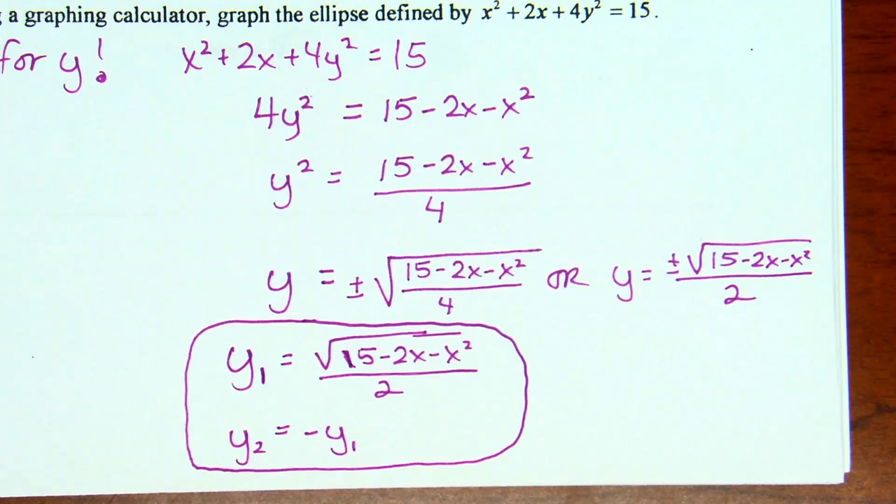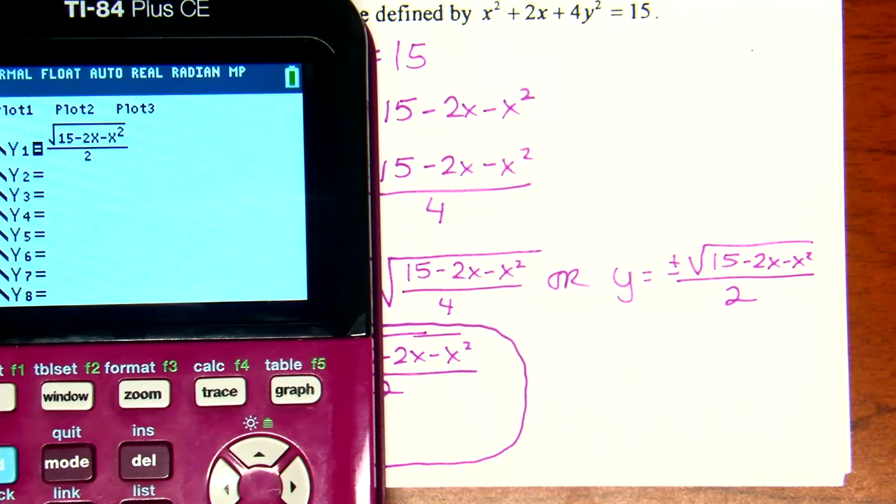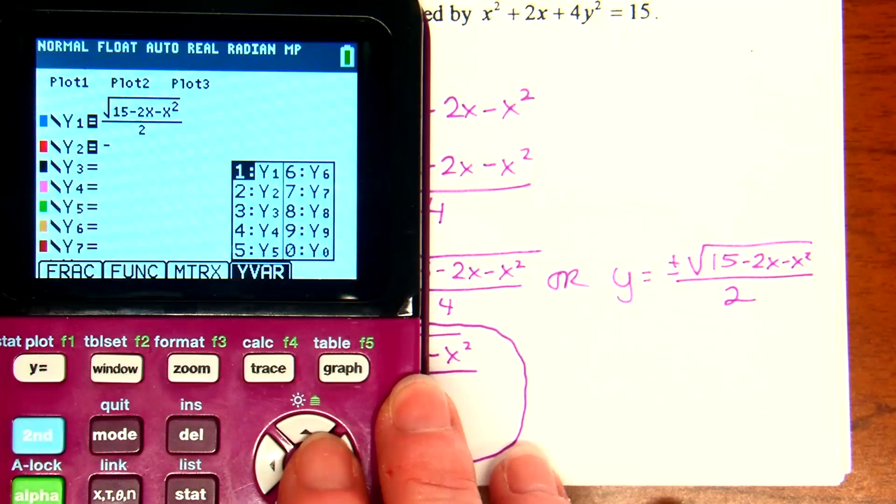So I'm going to do a fraction bar, a square root on top. That's my y1. You can't see what I just typed, sorry. Square root of 15 minus 2x minus x squared all over a regular 2. And then I'm going to say the negative of y1, which is F4 menu, if you have your F4 menu.